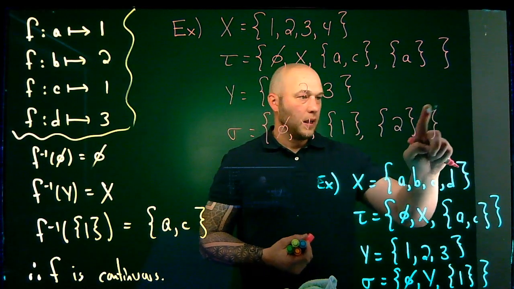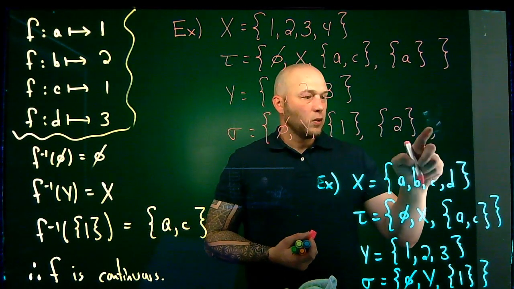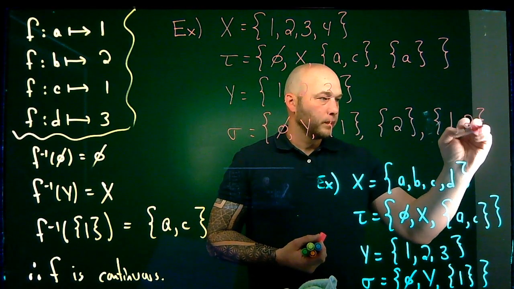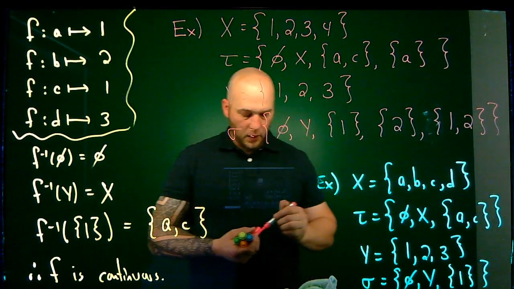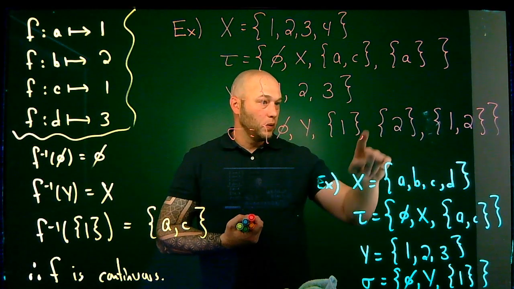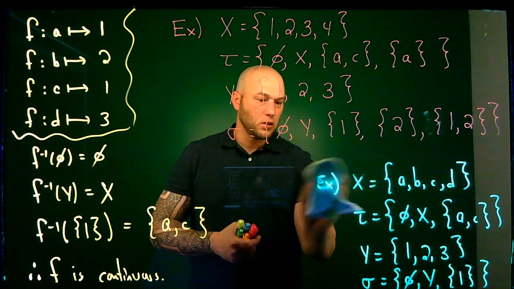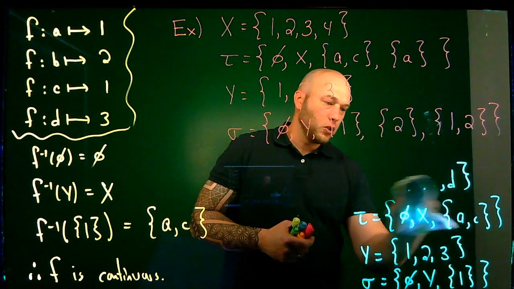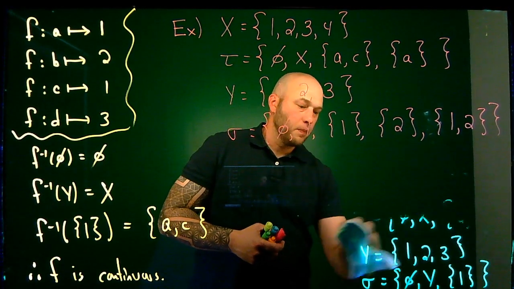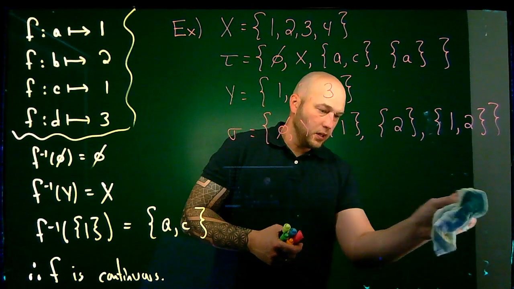Oh, and then again, if it's a topological space, it also has to contain unions. So therefore, we also need to have 1, 2. Okay. And let's verify that that is a topology. The union is 1, 2, the intersection will contain the singletons. Yeah, that would contain unions and intersections. And then let's do the same function. So all I did is modify the topology slightly, and let's see.